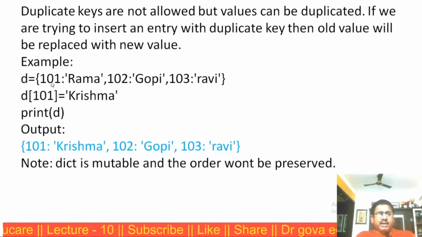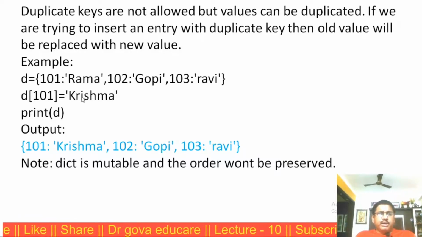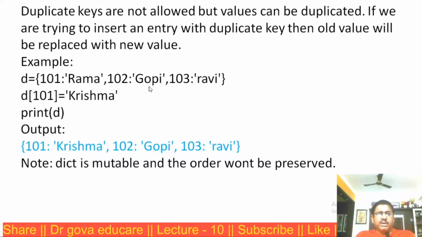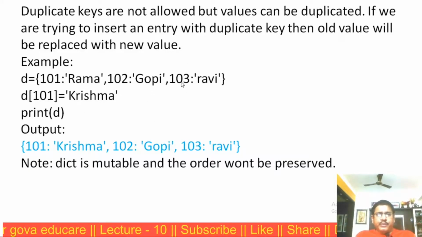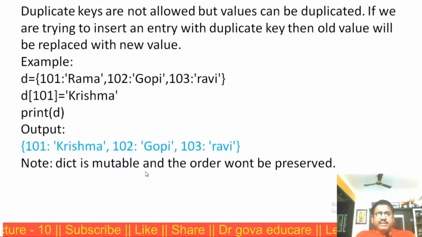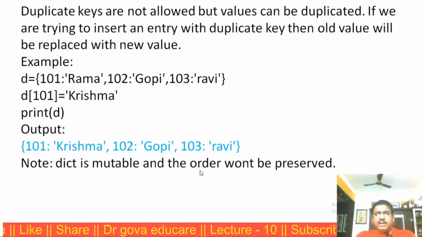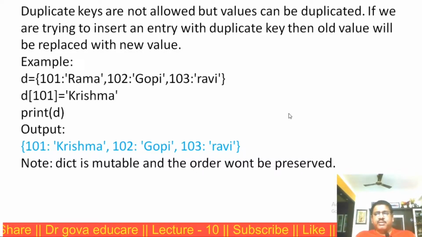Duplicates are allowed or not? If you are changing the value, this value will be changed here. After displaying, 101 is Krishna, 102 colon Gopi, 103 colon Ravi. Now the dictionary is mutable. The order won't be preserved.